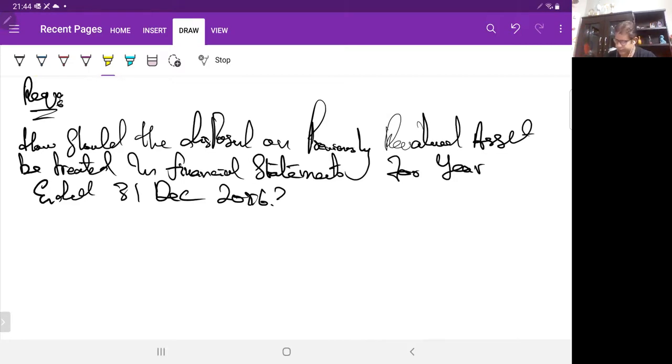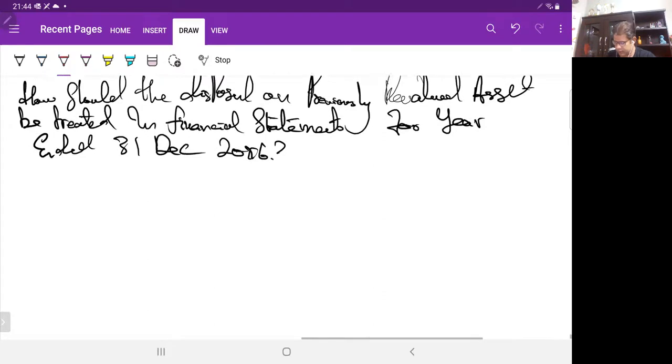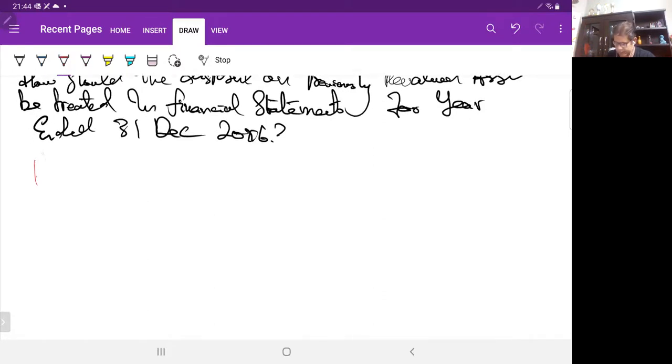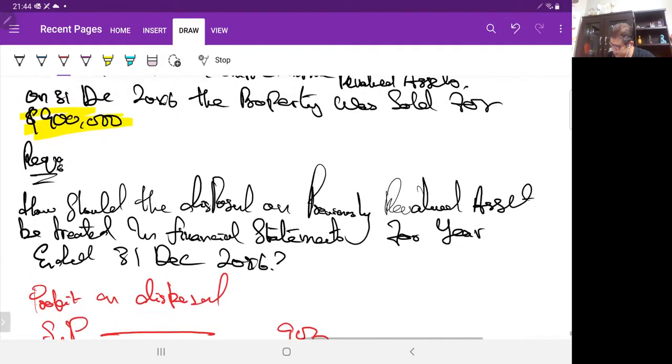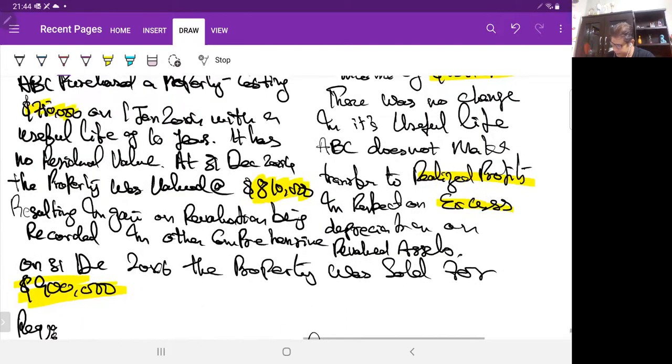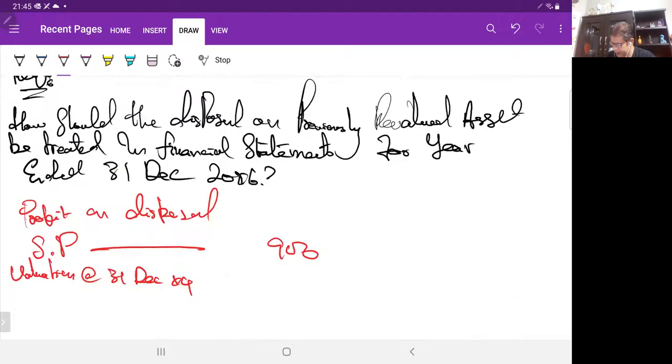Now, simply what we will do, profit on disposal: the sale proceeds 900. The valuation happened at 31st December X4, as we can see over here, 810.